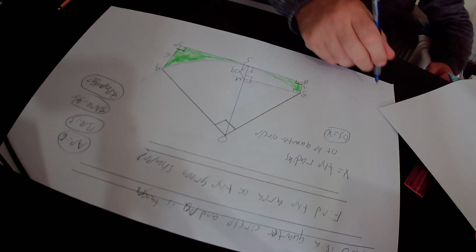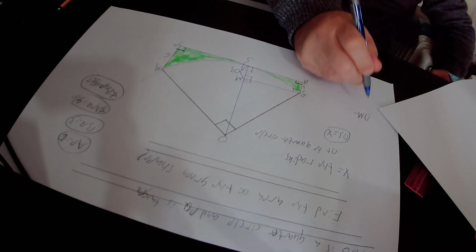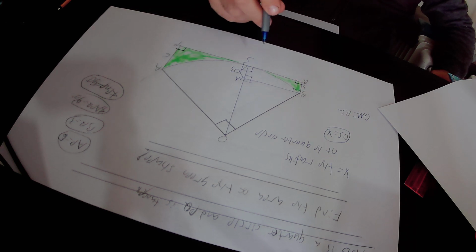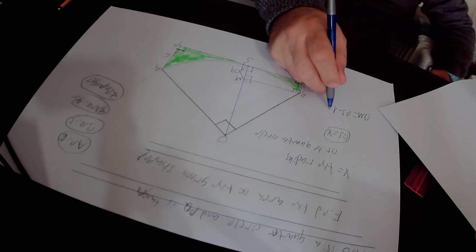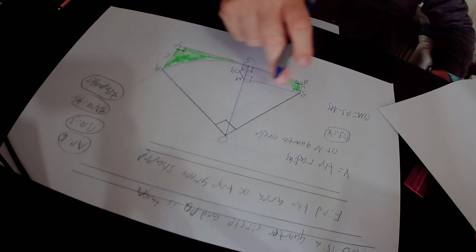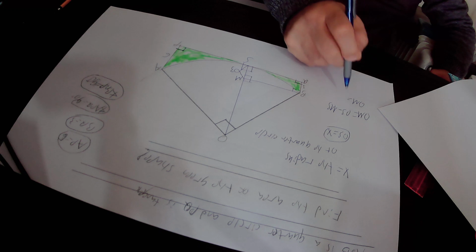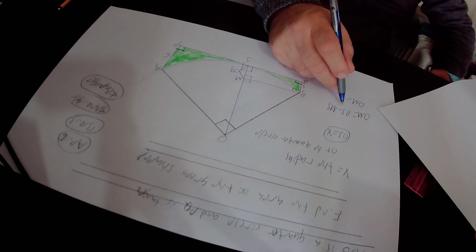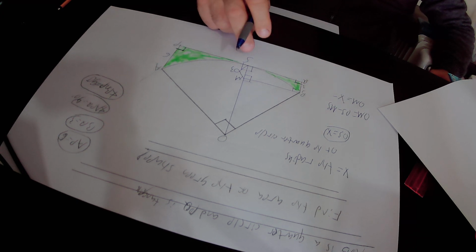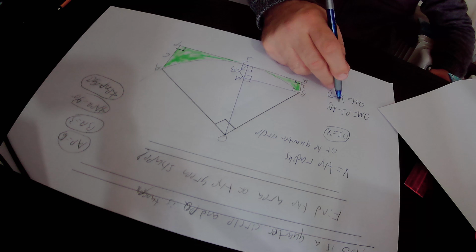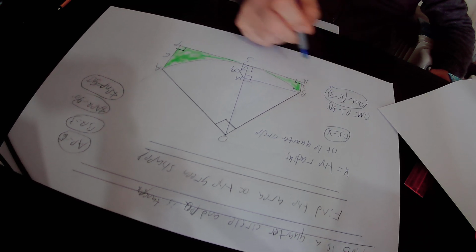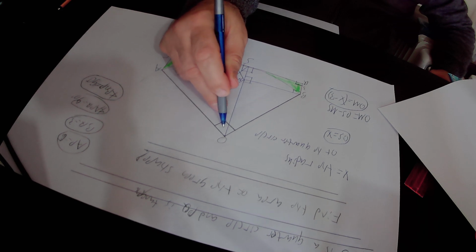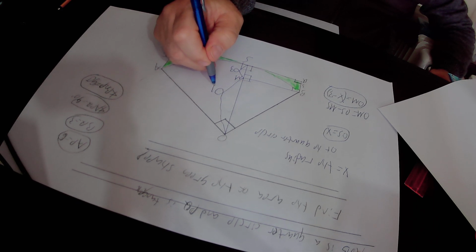Again, OM equals OS minus MS. So OM equals OS, that is the radius of the quarter circle, that is x, according to our definition, minus MS, that is 3. In conclusion, we found out that this side OM is equal to x minus 3 units in its length.